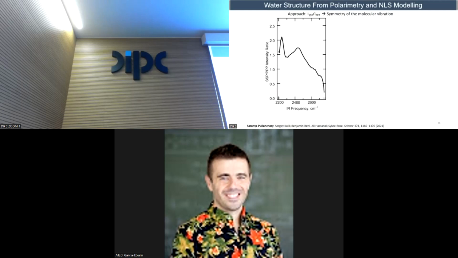Now, this ratio should depend on the symmetry of the molecular vibrations that we are looking at. So for water molecules, we have mainly three types of symmetries. We can have a hydrogen bonded water molecule that's symmetrically stretching, C2V symmetric, or we can have an asymmetric C2V stretch, or we can have a free OD that's pointing towards air or pointing towards oil that will fall into a C infinity V symmetry.